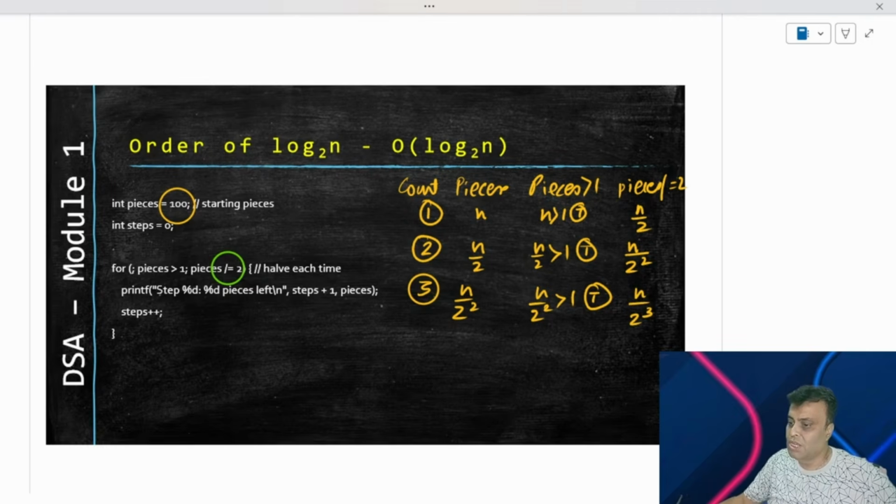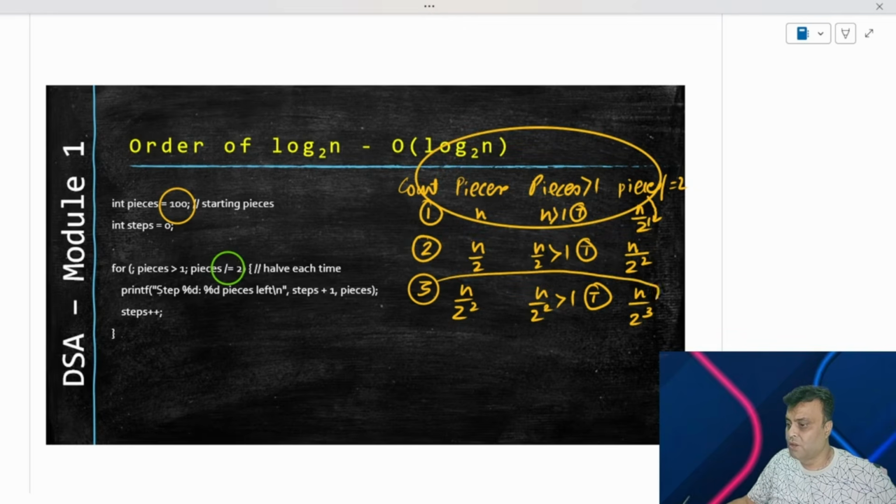Do you see a correlation with this 1 and this denominator, where you have 2 to the power 1, 2 to the power 2, and 2 to the power 3? I'm sure you can see that. The number of times this gets executed, or the outcome that pieces will have, is dependent on the count.